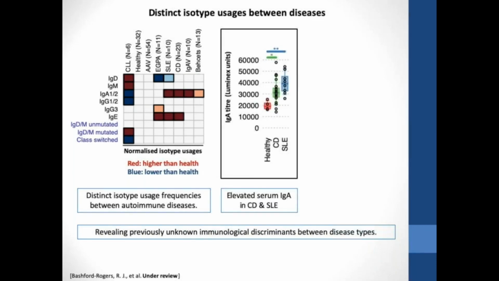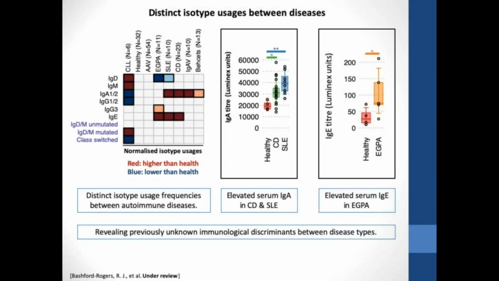For example, we see elevated IgA in Crohn's disease and lupus, and we can show that this corresponds to an increase in IgA titer in these diseases. And secondly, elevated IgE in EGPA has previously been shown. The interesting thing with this is that we also get increased IgG3 in EGPA as well. And I'll come on to that later.